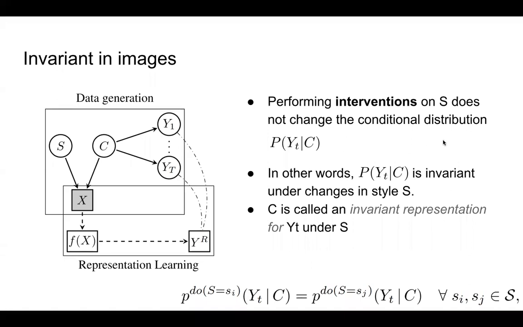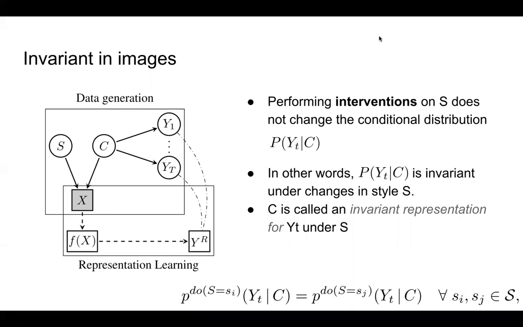That's the intervention. In other words, this conditional distribution is invariant under different changes of the style S. In this paper, the authors call this C an invariant representation for YT under the style S.